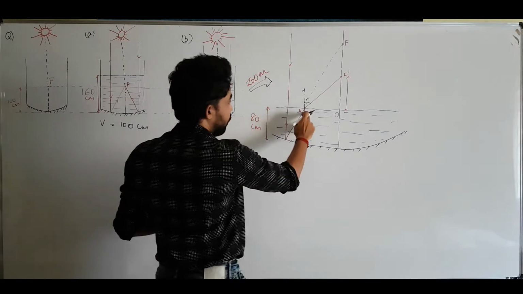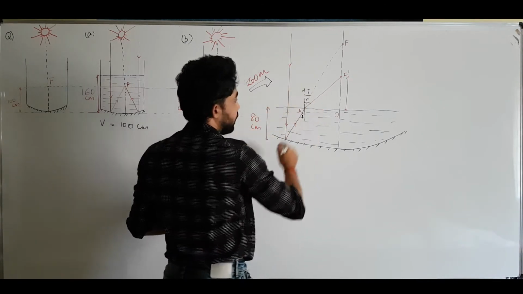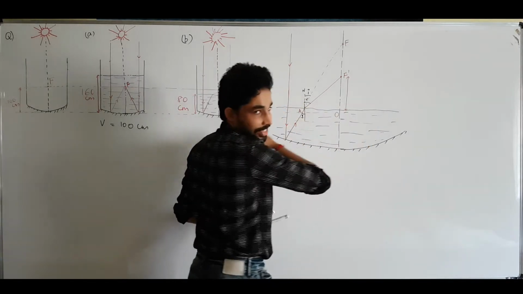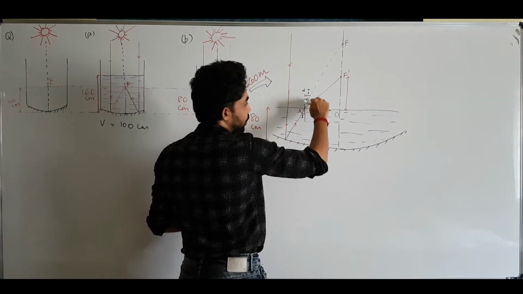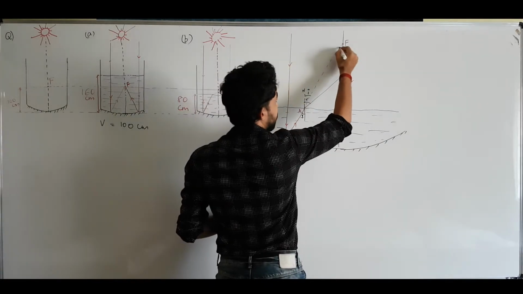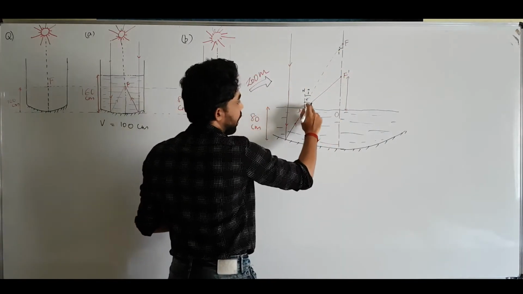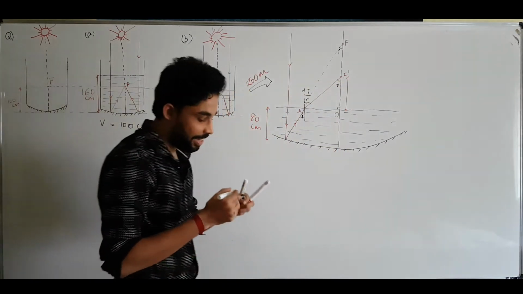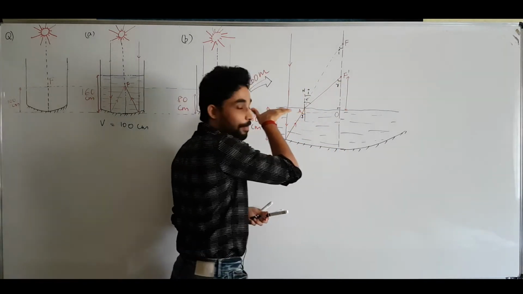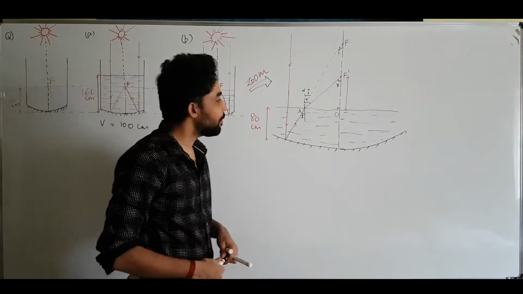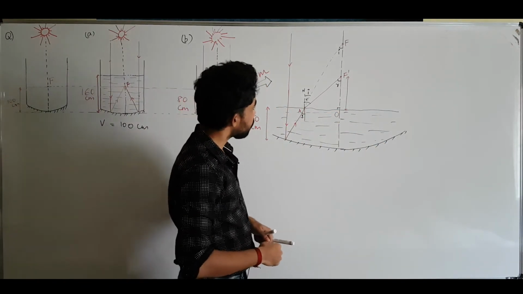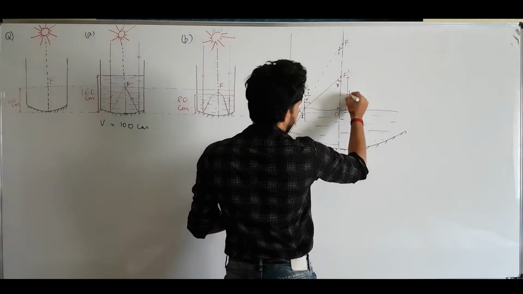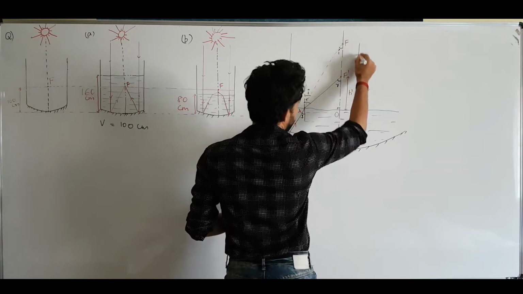And if this is angle of incidence, this also is angle of incidence, and this whole thing, if I consider the water surface to be a straight line, will be 90 minus I, which means this will be I. And if this is R, we know this is also R, considering the water to be fairly straight, you are making that assumption. So now I need to figure out what this height is. So let me take this height to be h dash, and let me take this height as h.